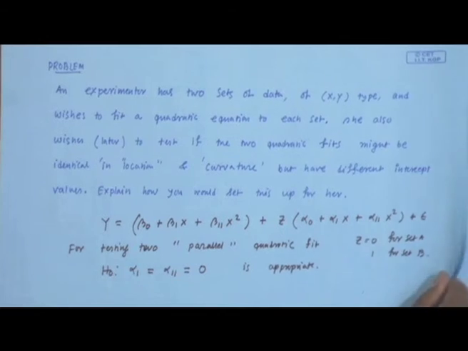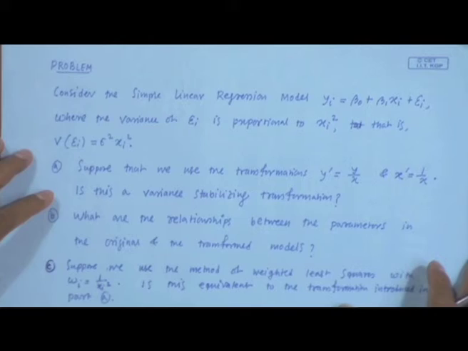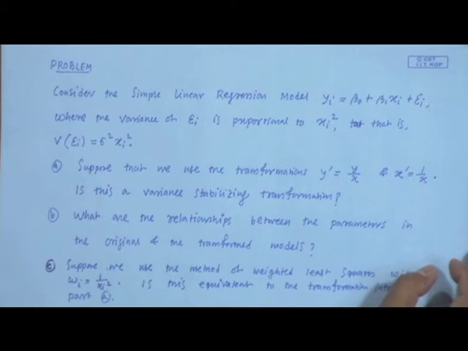Right now, I will be considering a problem from a topic called transformation and weighting to correct model inadequacy, and there we talked about variance stabilizing transformation. So, I will be considering one problem from variance stabilizing transformation.